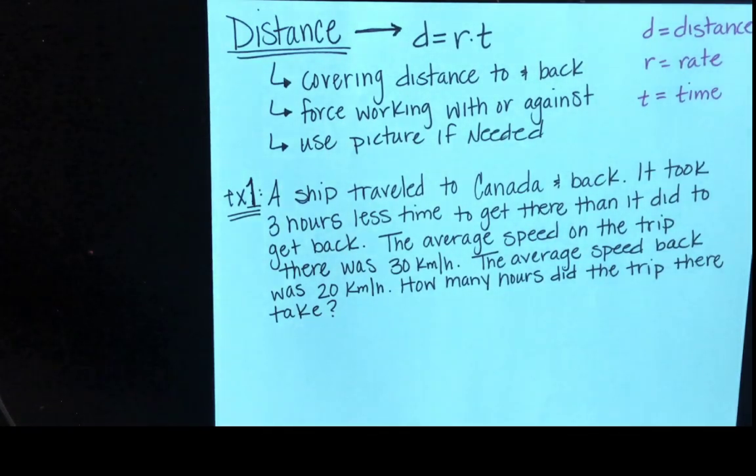And like I made a reference to the other day, this is that situation where it does show up often as a joke, because it can get a little confusing. So the idea is create a table, create a picture if needed. It does make things easier.